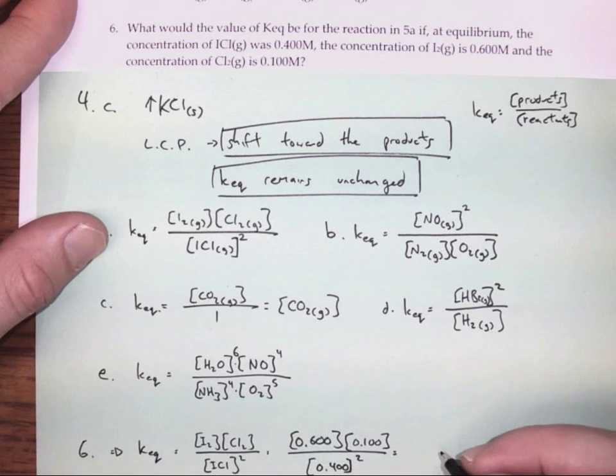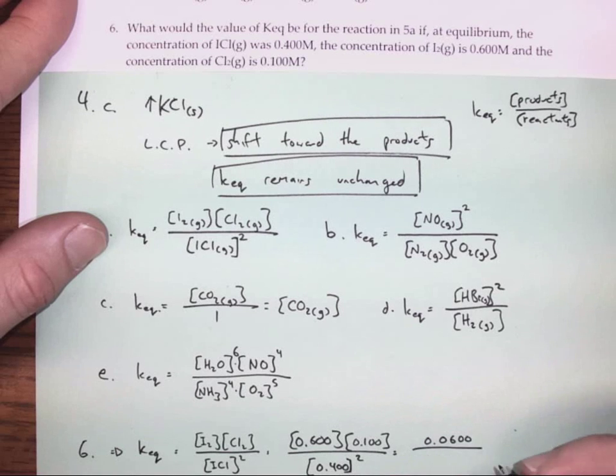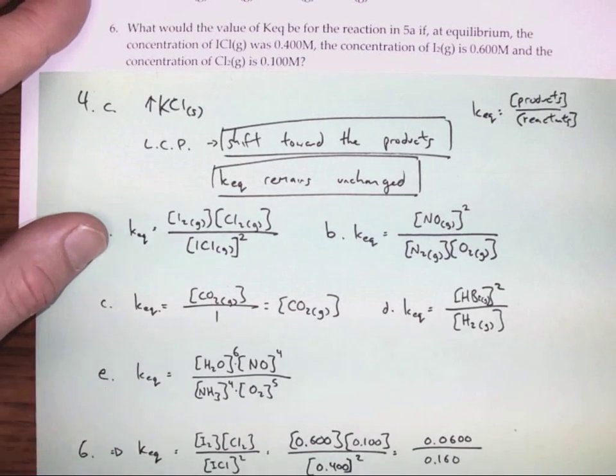All right, so I'm going to multiply those together. I get 0.0600 on the top, divided by 0.160 on the bottom when you square 0.400.